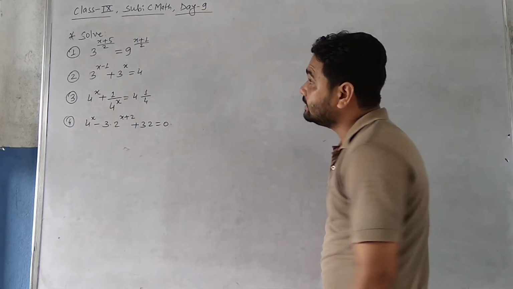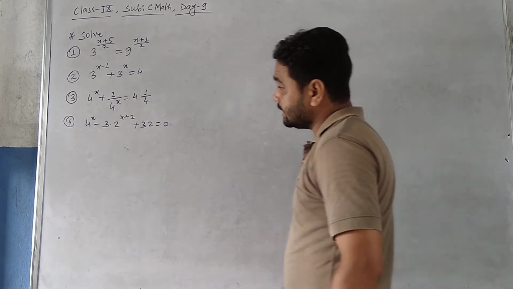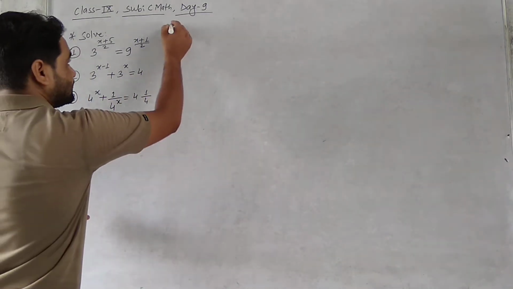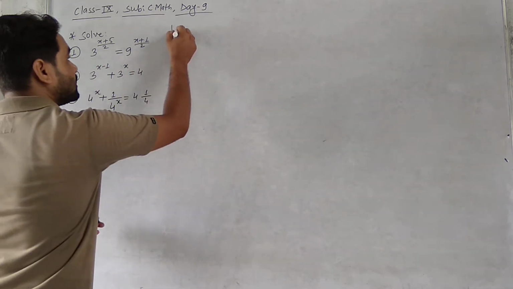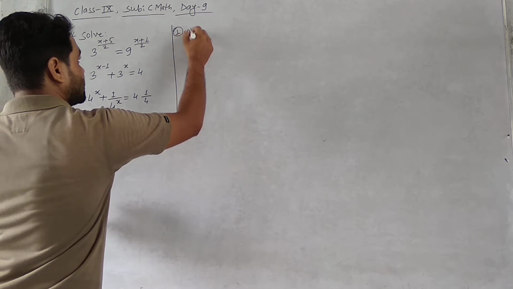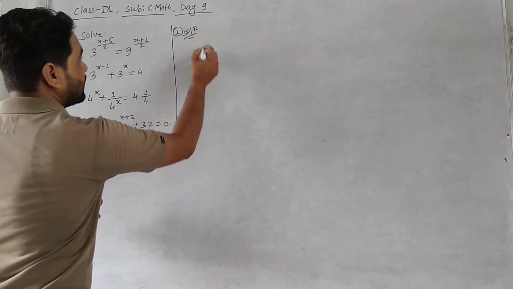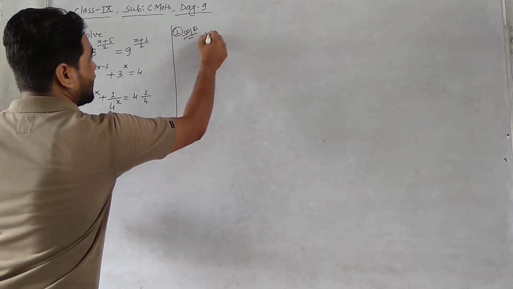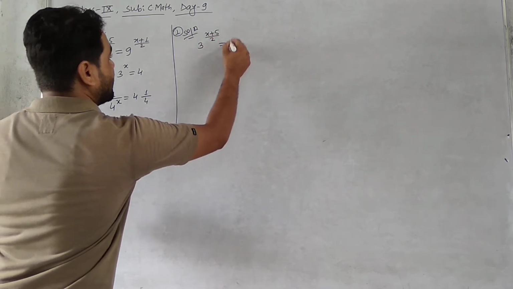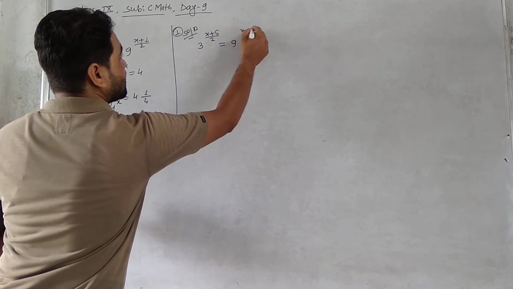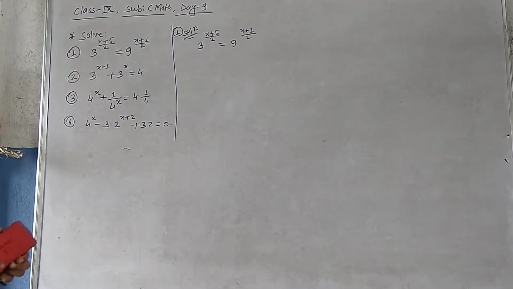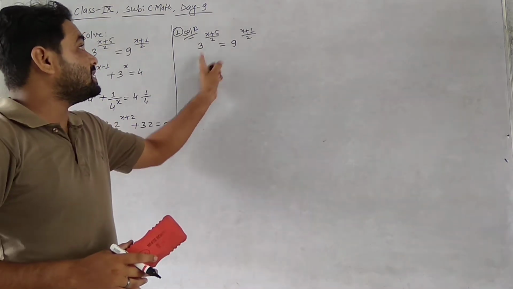In question number 1, I will solve one by one over here. The solution for question number 1 is 3 power x plus 5 by 2 equals 9 power x plus 1 by 2. Since we are in the exponential chapter, only if the base is the same can we equate the powers. But here the base is 3 and here the base is 9.